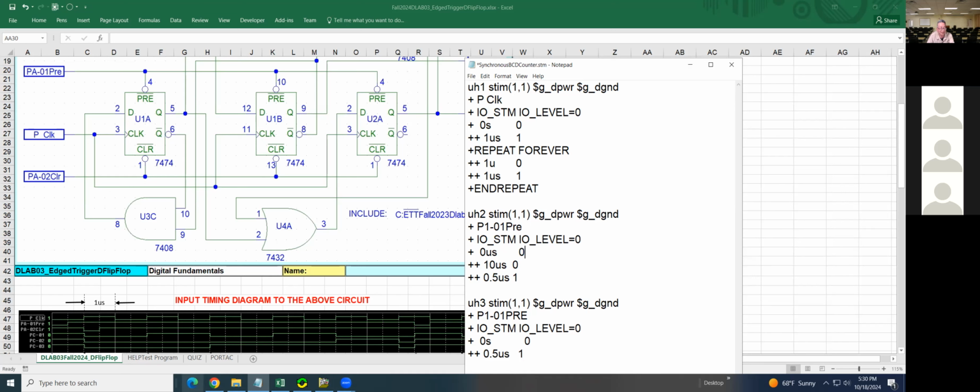Okay, the 0 for how long? You can count. Okay, that will be 1, 2, 3, 4, 5, 6, 7, 8, 9, 10, 11, 11.5.